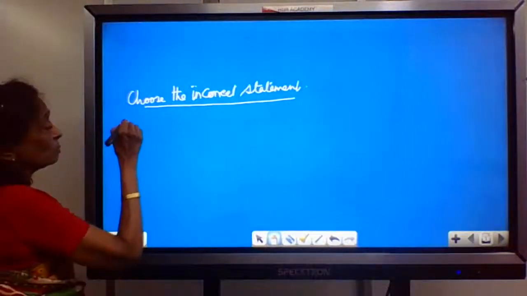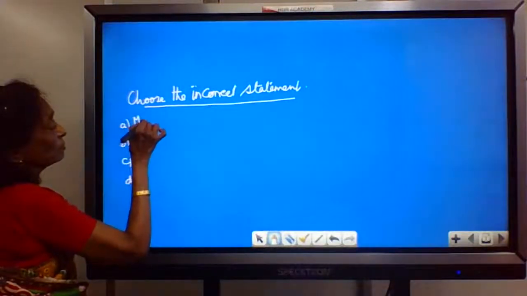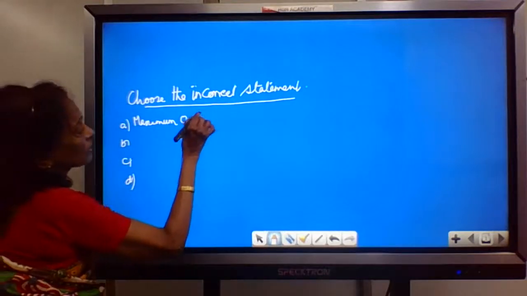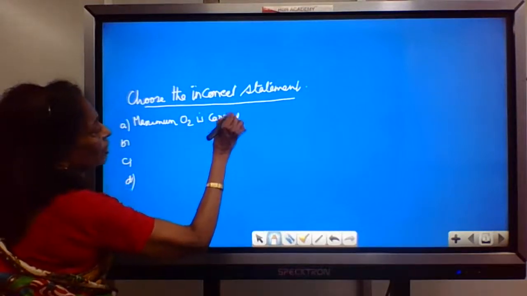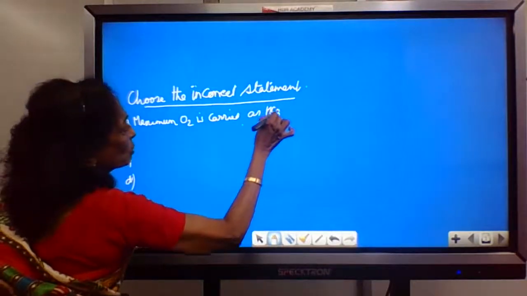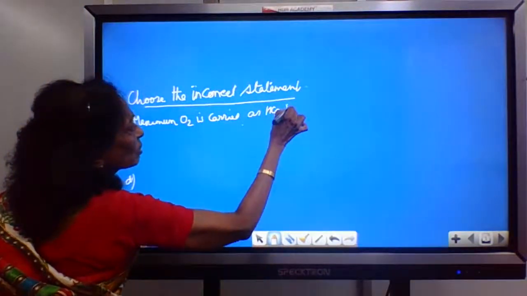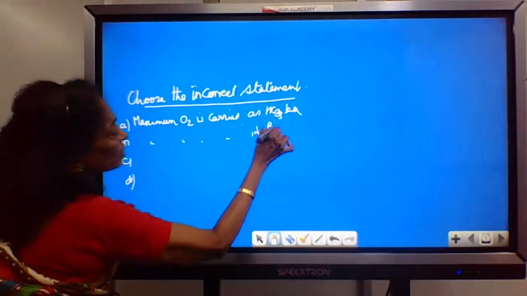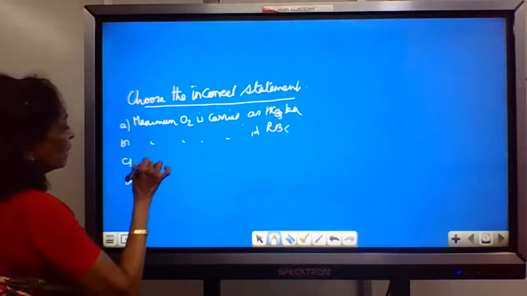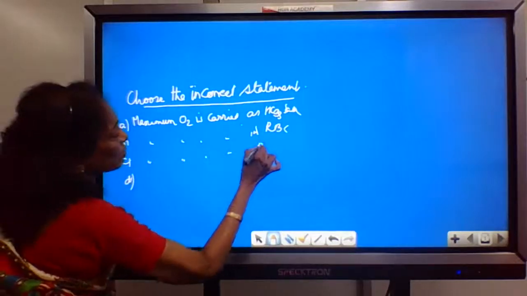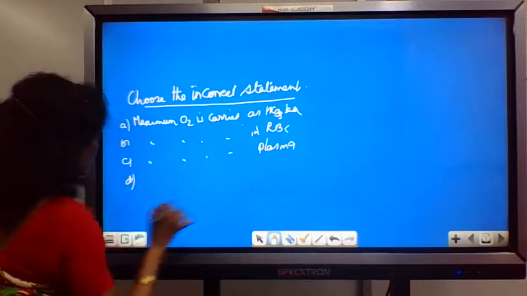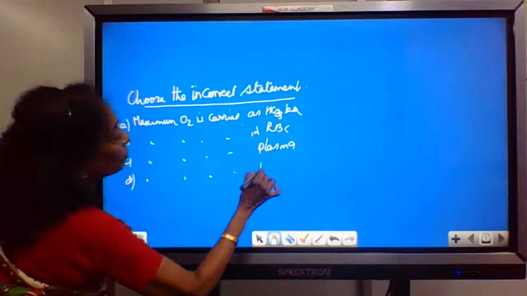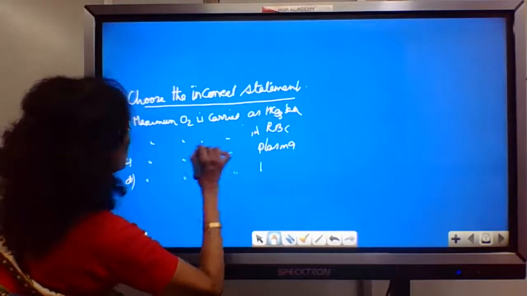I will say maximum O2 is carried as bicarbonate salt, or maximum O2 is carried in RBC, or maximum O2 is carried in plasma, or maximum O2 is carried by simple HB in RBC.